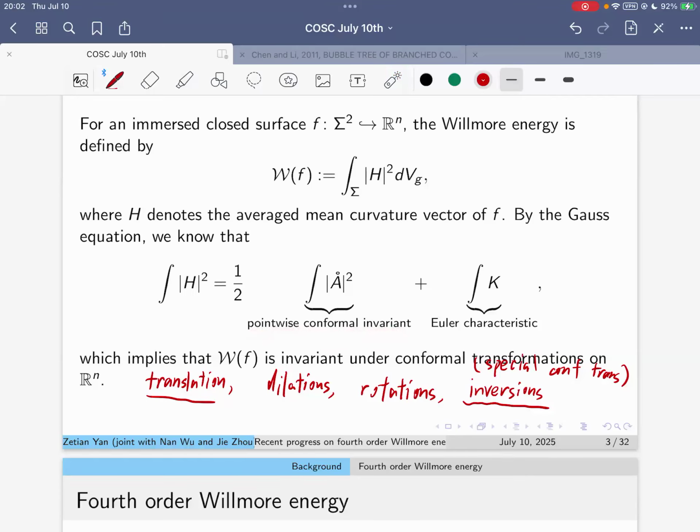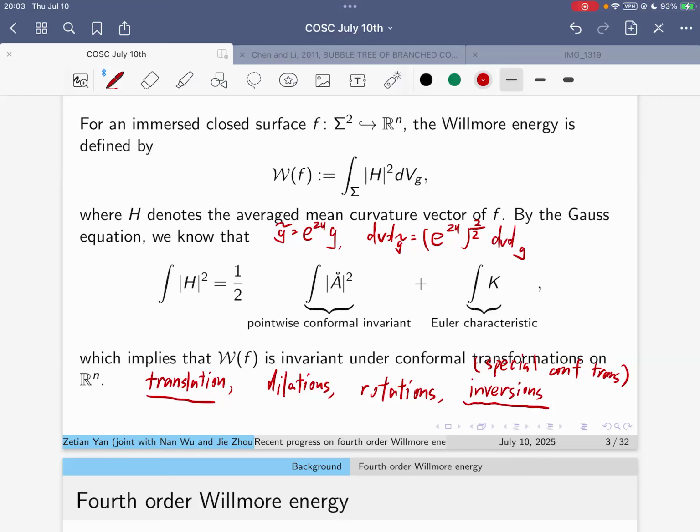Because under the conformal transformation, we will see that since right now the dimension is 2, right? So the volume is given by the following transformation law.